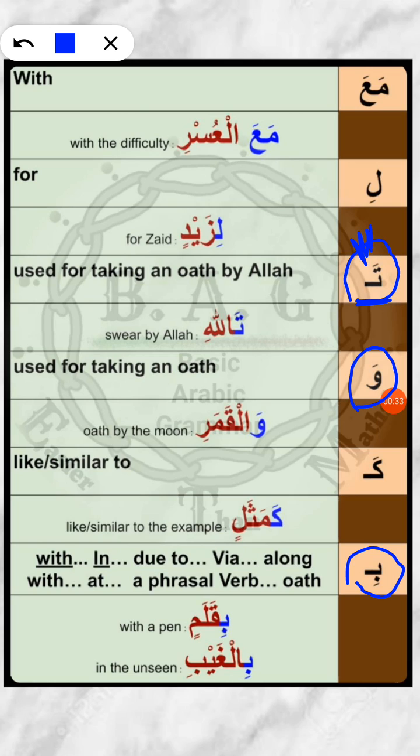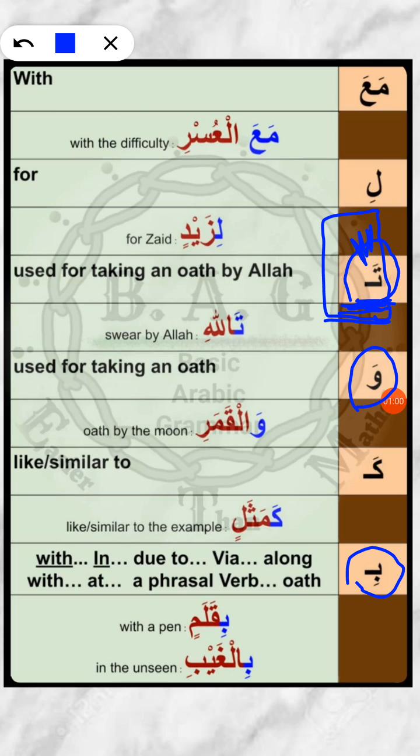Okay, so you cannot use the particle ta for taking an oath by something other than Allah. If you want to use this particle ta for taking an oath, then it has to be Allah subhanahu wa ta'ala by whom you are taking that oath. Okay, this is reserved exclusively for an oath by Allah.